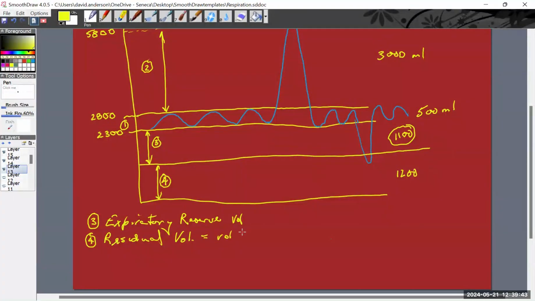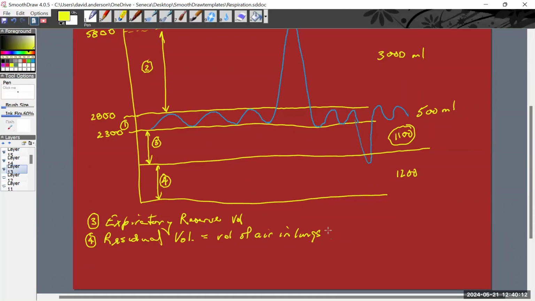So this is the volume of air in the lungs at any given time. Even after the most forceful expiration, there's still going to be some air in the lungs. And this is significant because this is the air that we would still have available to us for exchange, no matter how forceful we were breathing.